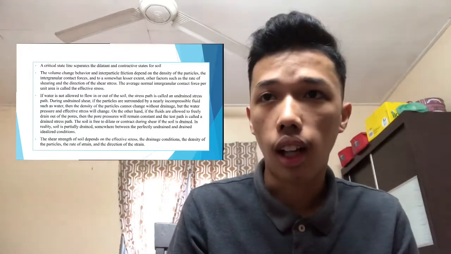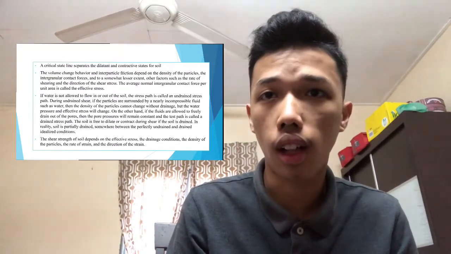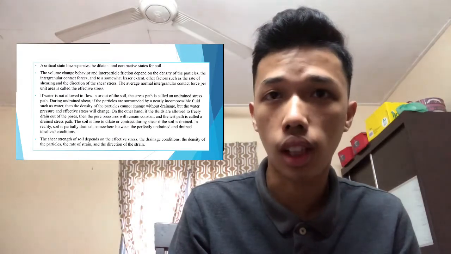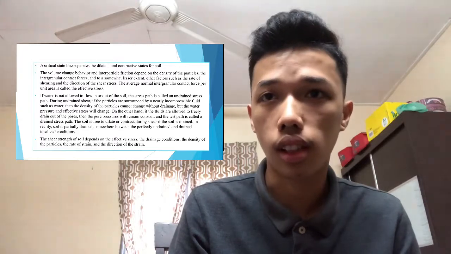On the other hand, if the fluid is allowed to freely drain out of the pores, then the pore pressure will remain constant and the test path is called a drained stress path.